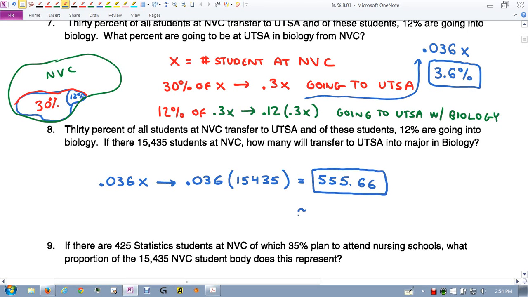Let's say approximately 555. The little squiggly equal sign means approximately. No, because you can't have 0.66 people. Well, you could argue that a person is less than a whole person, but that's a philosophical argument.